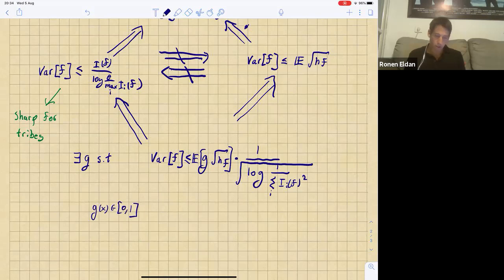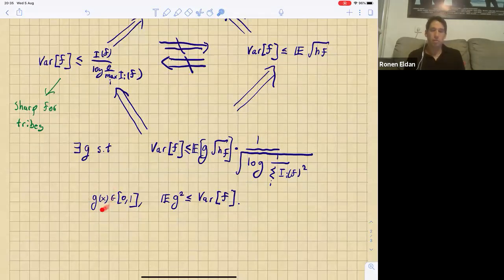I don't want to confuse you too much. I will just need this thing for this implication to hold true, but you can just ignore the function g if you want. Obviously, this is yet another strengthening, because g is between 0 and 1, so I only made this thing smaller.